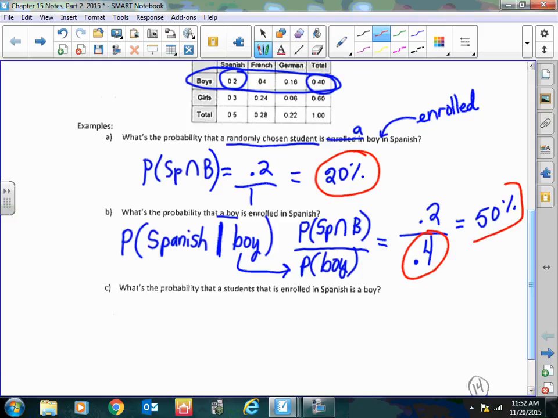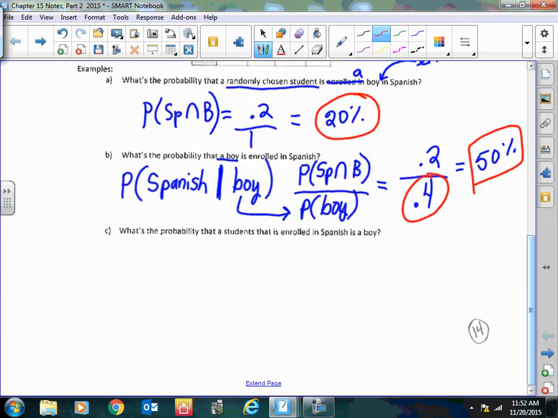And that would be 50% chance now. Okay? So has the fact that it's a boy changed the probability of it being a Spanish-speaking boy? Yes, it has.